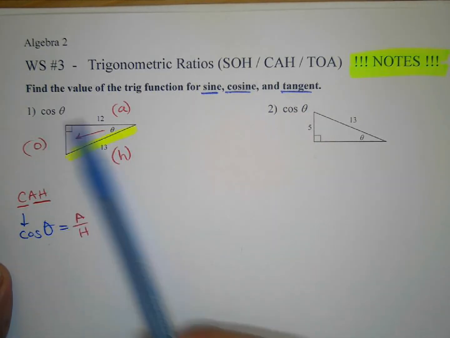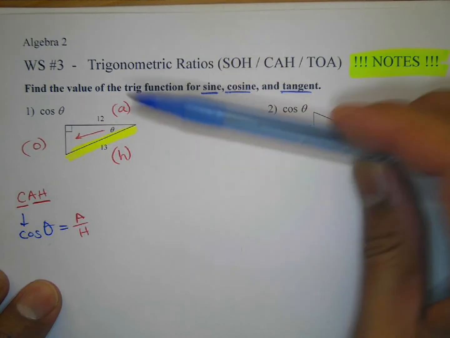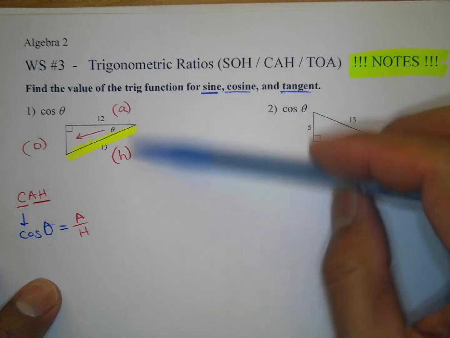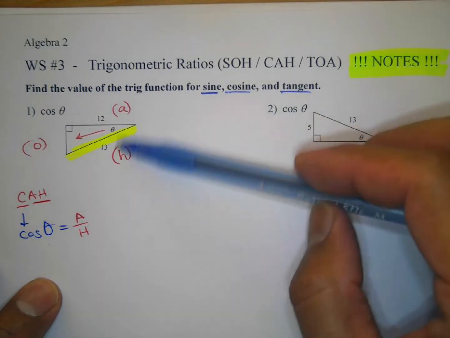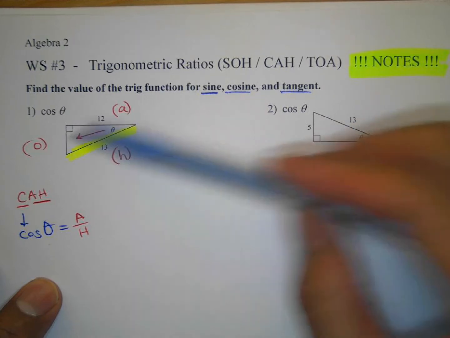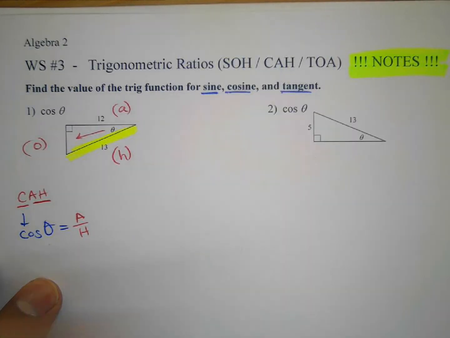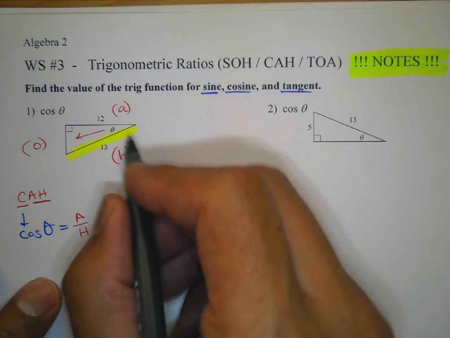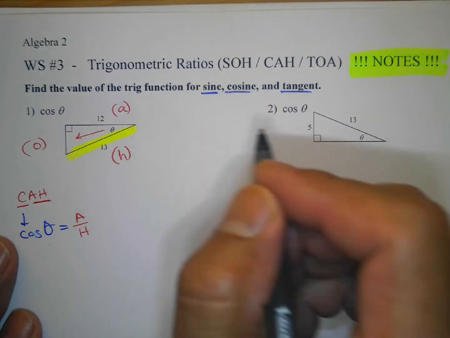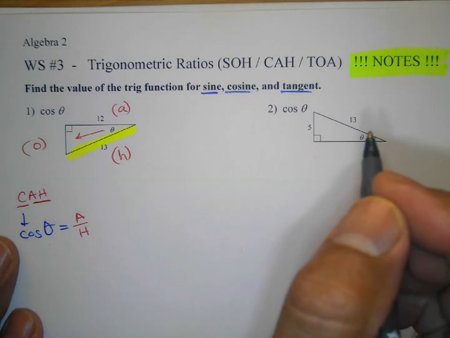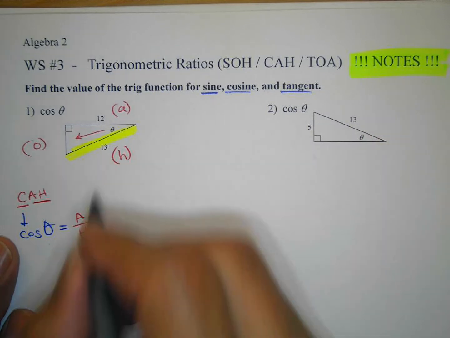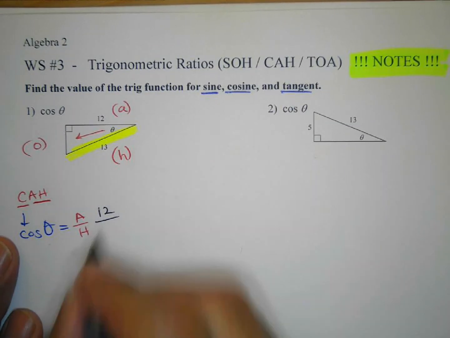Usually, yes, you would need all 3. But if I'm paying attention here, I don't have to waste time finding this side. If I just have to find cosine, then I have it here. That would be A, which is 12, over H, 13.